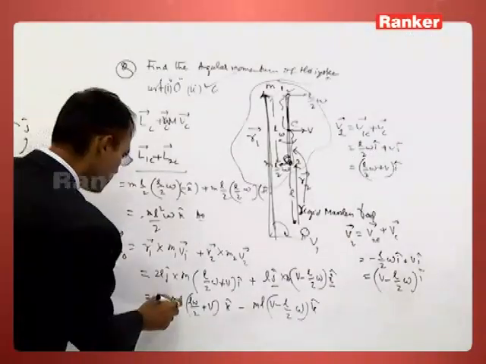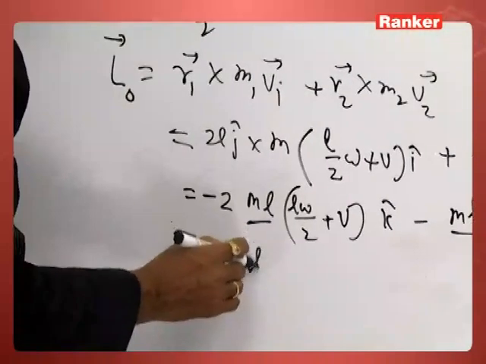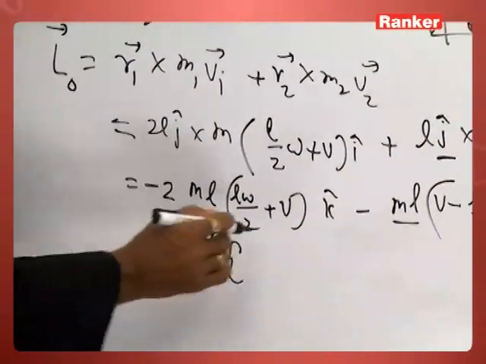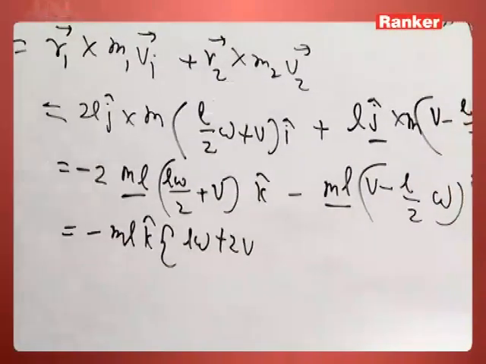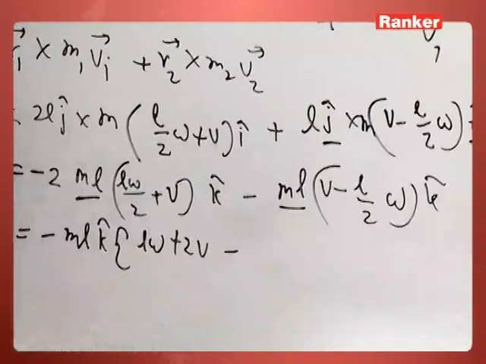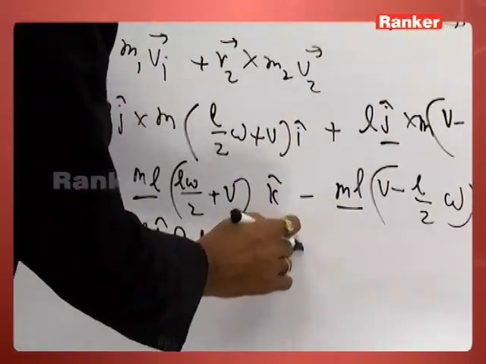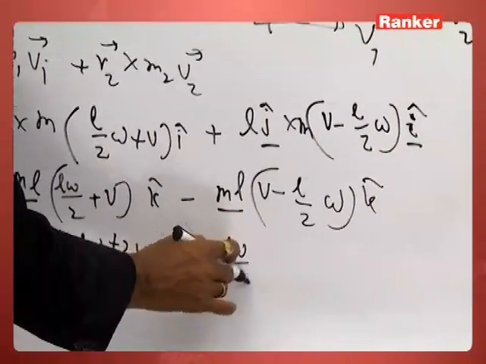So you can take common minus ML K cap, this is L omega plus 2V, plus V minus L omega by 2.